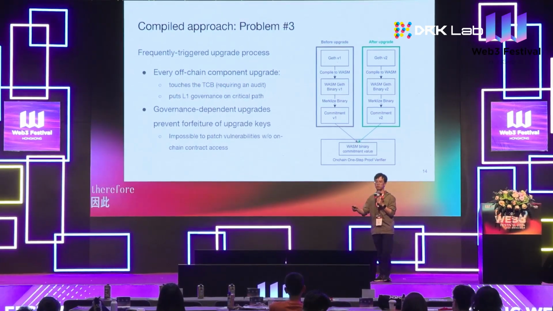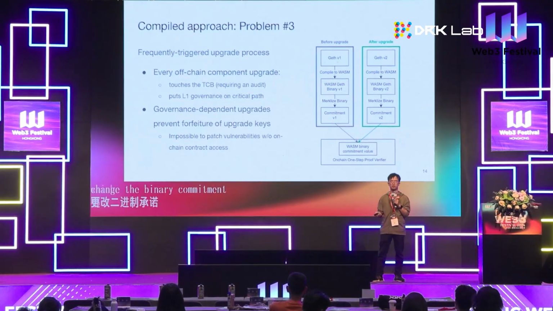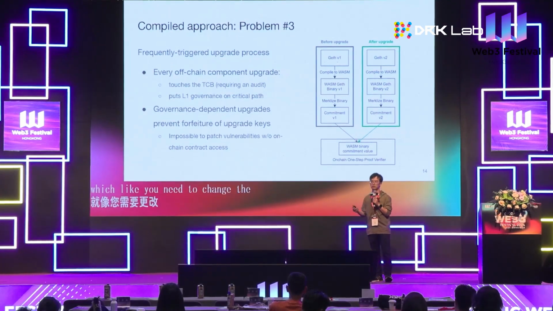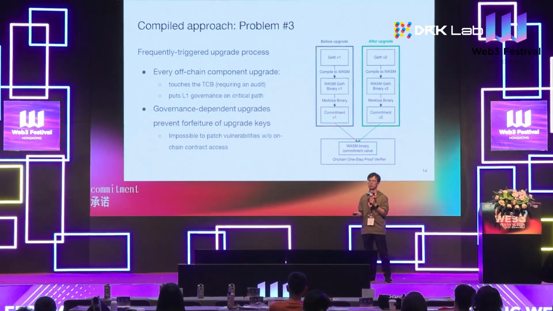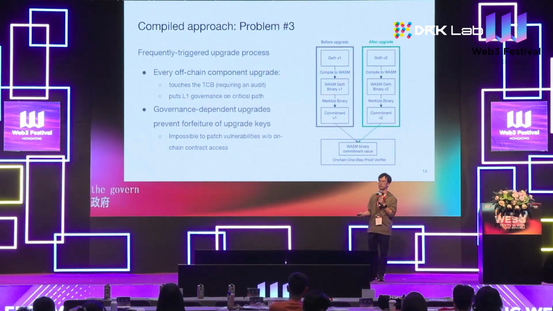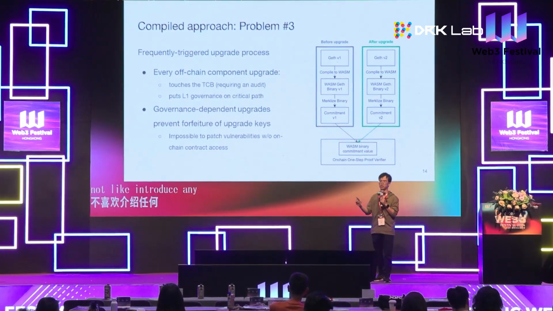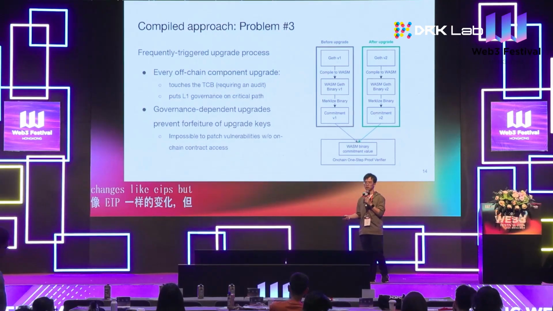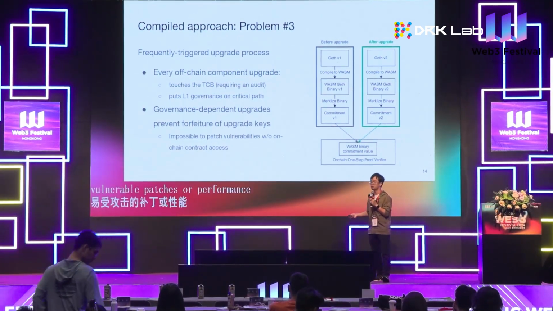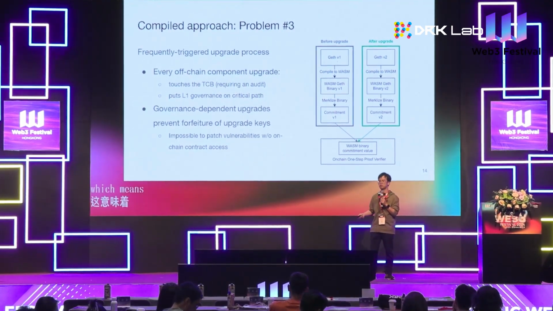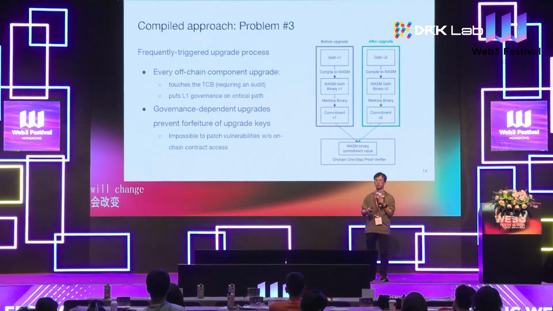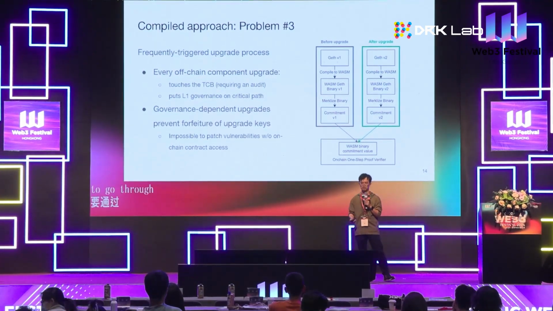So when you want to upgrade the version, you need to change the on-chain whitelist commitment, and then you must go through governance. So even if Geth does not introduce any semantic changes like EIPs, but just vulnerability patches or performance improvements, the client will change, which means the binary commitment will change. And in this case, it has to go through governance to upgrade to a newer client.